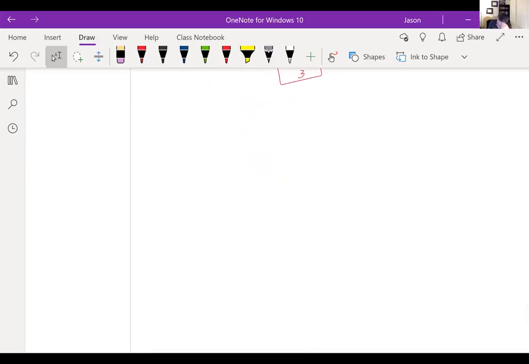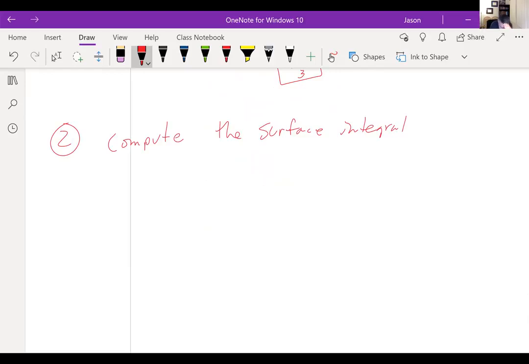Okay, number 2. Let's compute the surface integral over S of x squared dS, where, oh, this is going to be fun, S is the unit sphere.